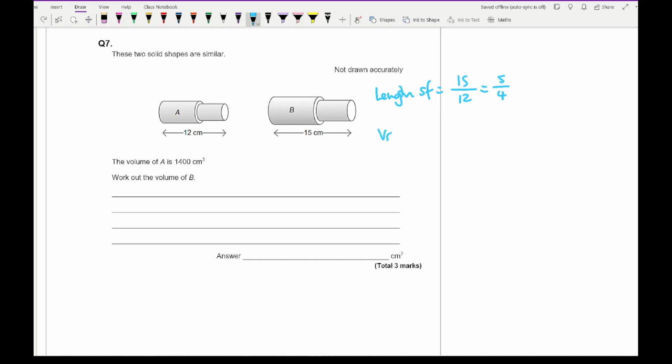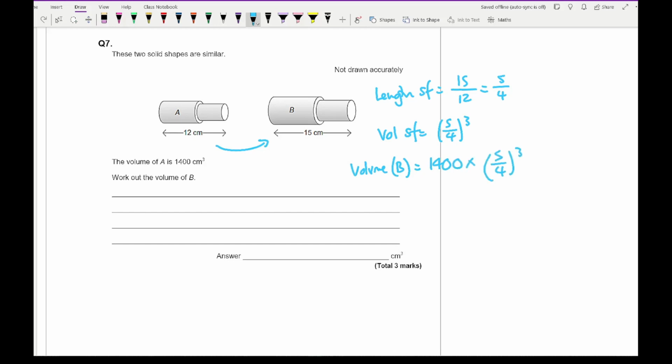So that means that the volume scale factor is going to be 5/4 cubed. So to work out the volume of B, I need to go from small to big. So the volume of B is going to be 1400 times 5/4 cubed.